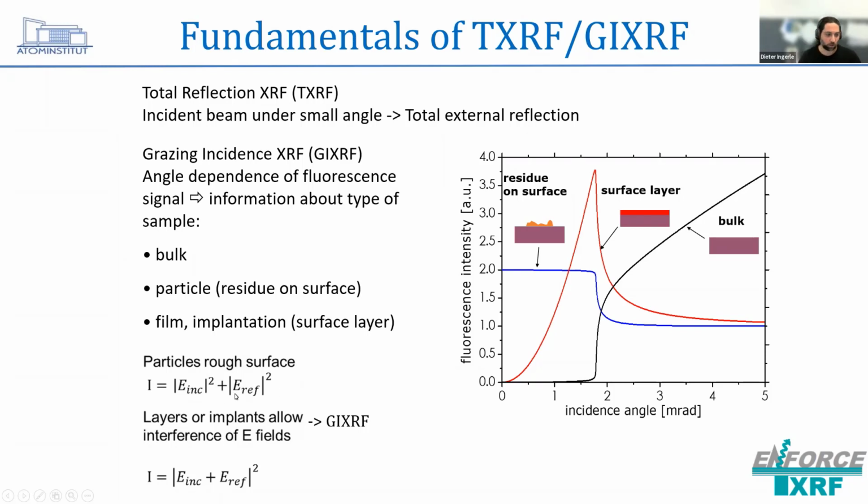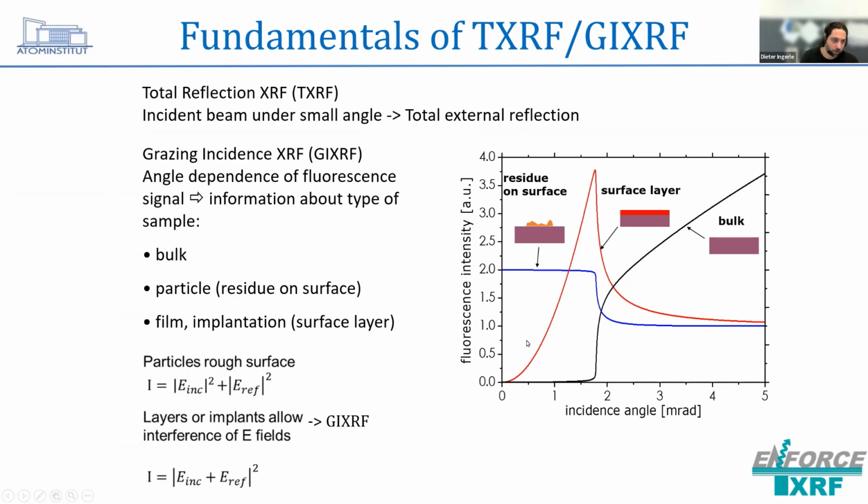Basically, it's just a sum over the incoming and reflected field, because we do not see interferences if these particles are relatively large compared to the field effects. So in this case, we'll just measure one point typically, so just one angle, which in a commercial instrument is maybe defined by the manufacturer or whatever.